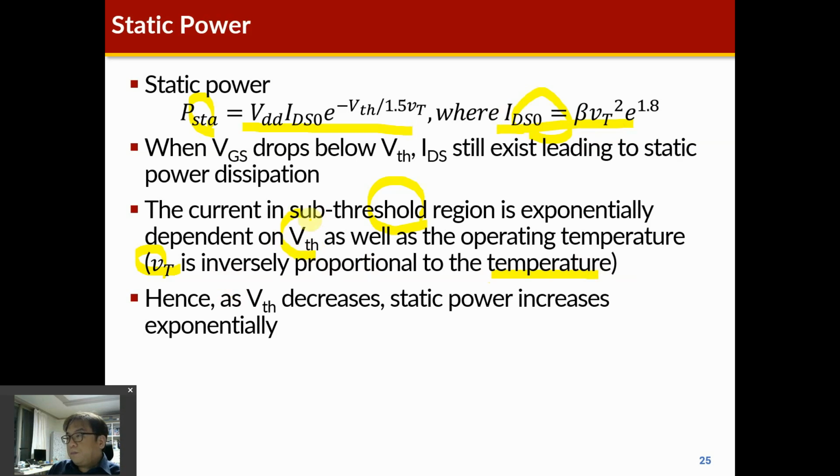Also, this leakage current is related to the threshold voltage. So as threshold VTH decreases, static power increases exponentially. So you need to remember that the static leakage current depends on threshold voltage and temperature.